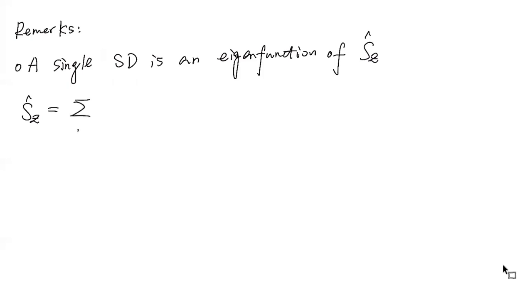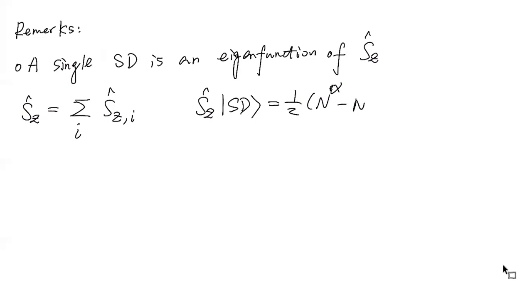This is equal to the summation of the individual Sz. So if you apply Sz on a Slater determinant, you will have 1 over 2 times n alpha minus n beta times the Slater determinant. So n alpha is the number of alpha electrons in your system, n beta is the number of beta electrons, and this is equal to the total capital MS.